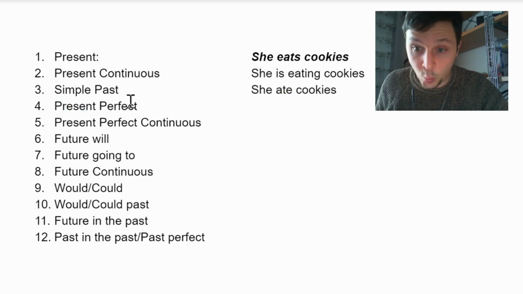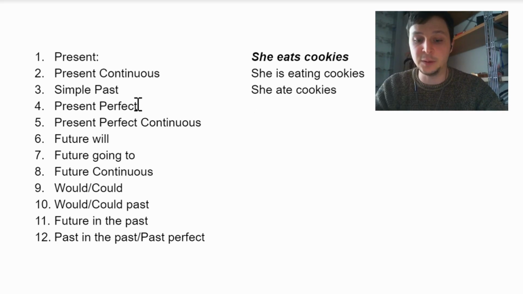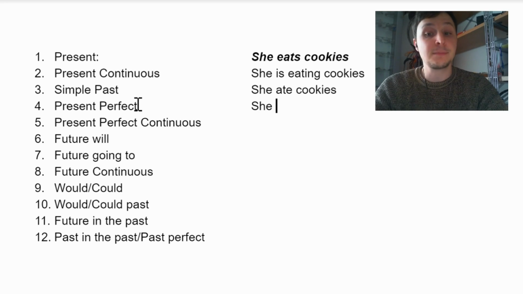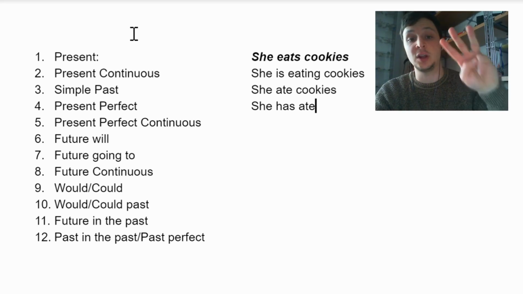Okay? And speaking of has happened, let's go to present perfect. Present perfect will always be two words. So let's do it. She, it will always start with have. But can you say she have? No. You have to say she has. She has, and then do we say ate? No. You have to go to the third column.